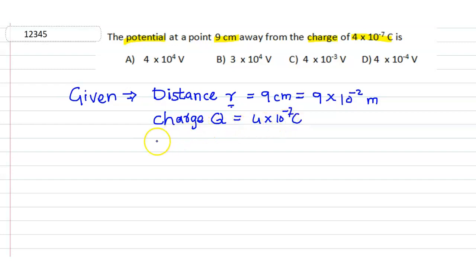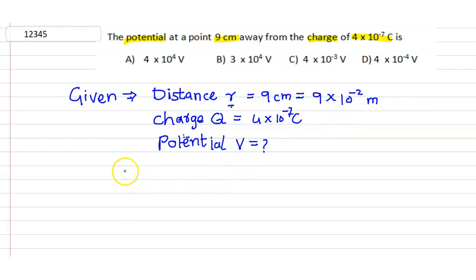And next, we also write what we need to calculate: the potential, denoted by V with a question mark. That means we need to calculate the potential. Now this is the structure of the question: the quantities given in the question and what we have to calculate.